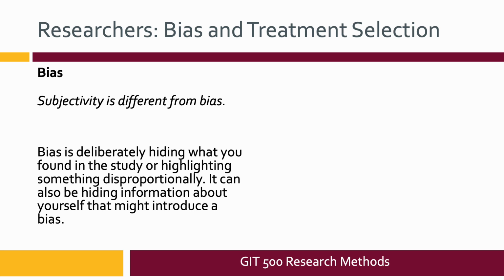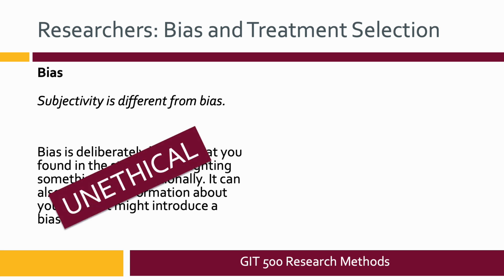So you might be doing research on using Microsoft products in the classroom, but you might have a bias that you own Microsoft stock that you did not reveal. So that is a bias. It's different from subjectivity. Subjectivity can be okay as long as it's acknowledged and doesn't show favor. That is not ethical, to be biased, right?